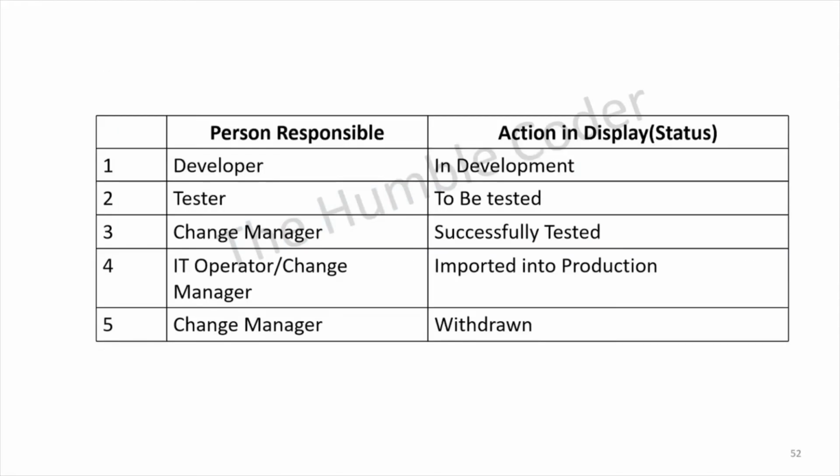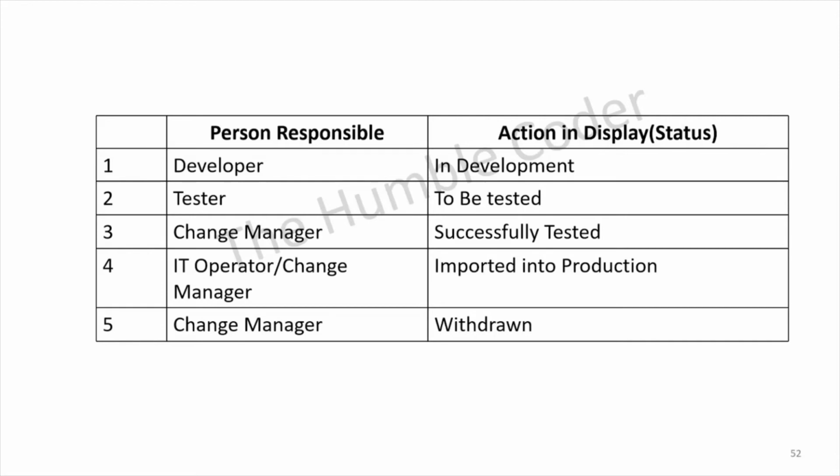So this is the table displaying the statuses, the person responsible, that is which person is responsible for performing which action. So the developer will perform the development when the status is in development. The tester will perform the testing when the status is to be tested.